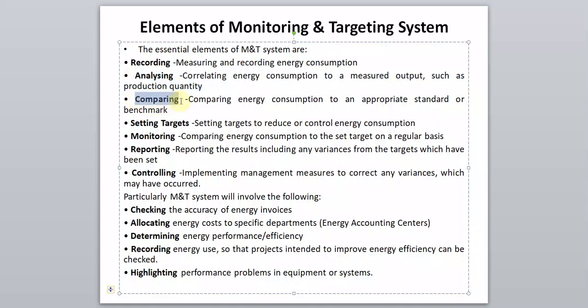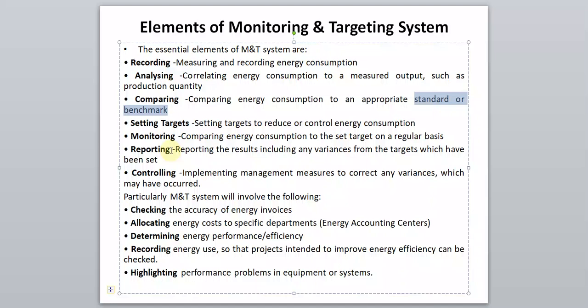Next is comparing energy consumption to an appropriate standard or benchmark. Here the standard or benchmark concerns the targets. Suppose there is a national policy that has chosen a particular target to save a certain amount of energy consumption cost per year, and so on.